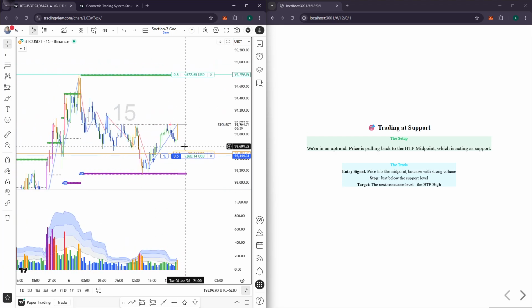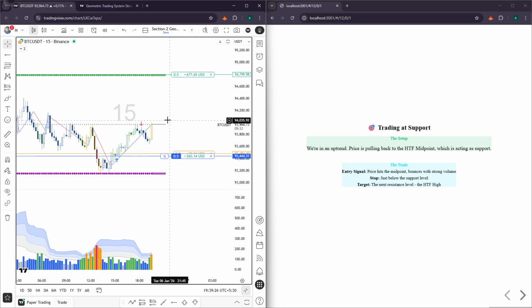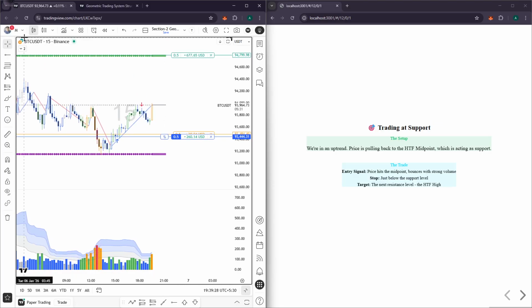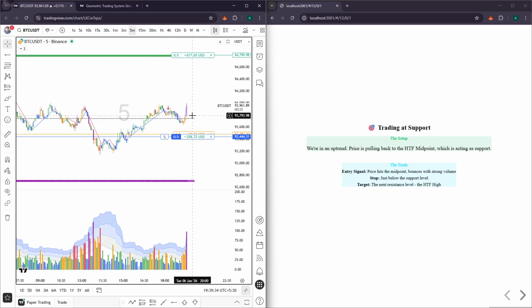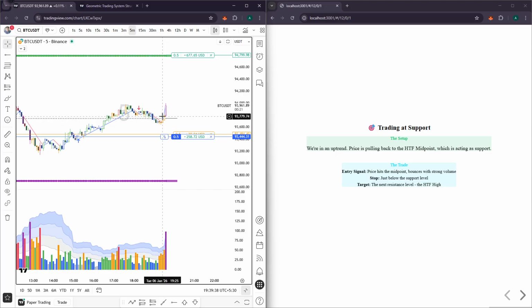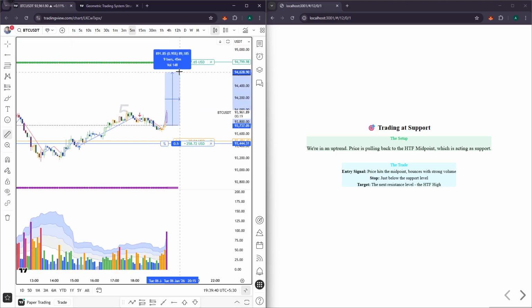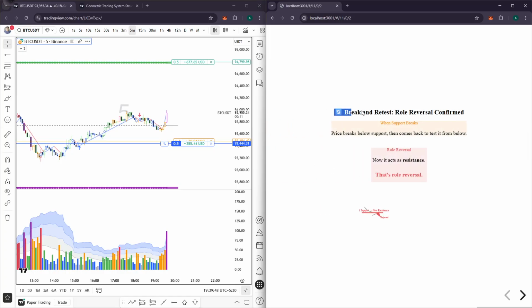And as we can see now, this is where I want to show you something really good. This is on the 15 minute time frame. If I come to the 5 minute time frame, I can see that this resistance is now becoming support. So I can actually add on to my position here. That's what this was telling me.